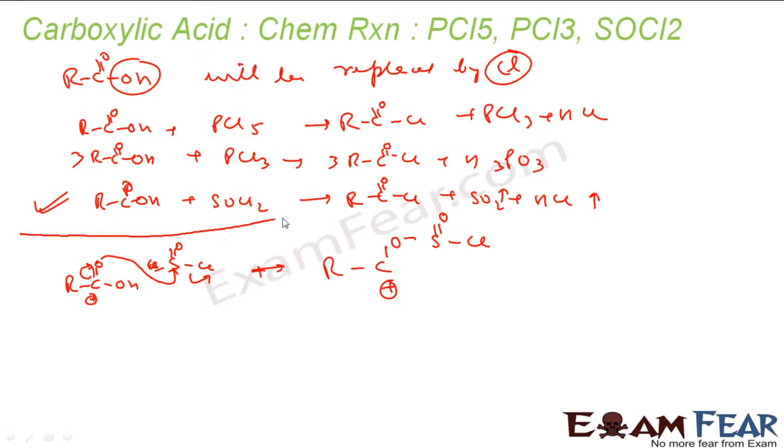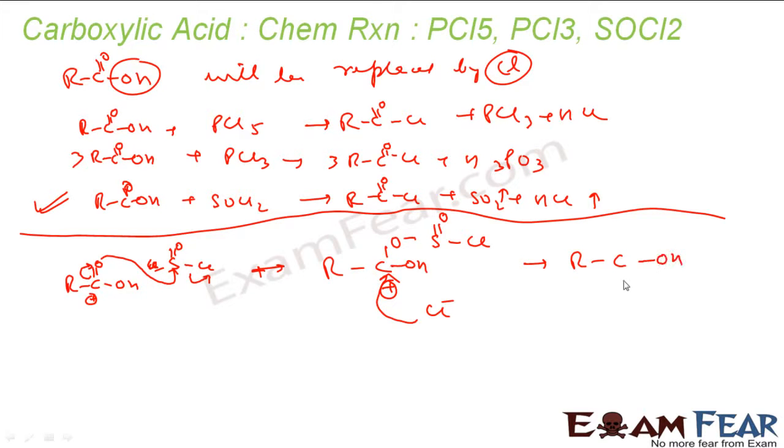Correct? This is what you get. Now, there is an OH also here, and this chlorine which came out will attack this carbon. So with this what you get is RC with the OH here, with the chlorine here, and a big compound here.